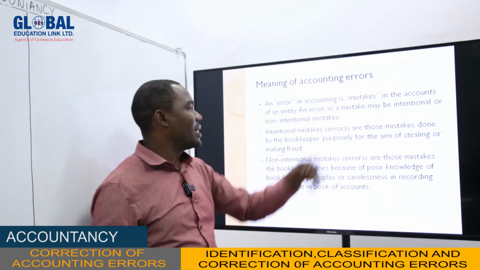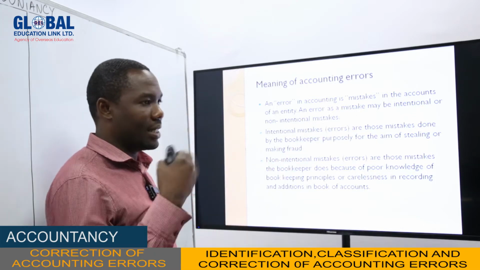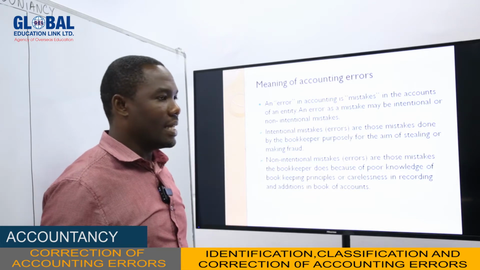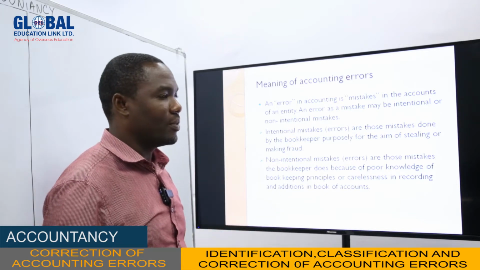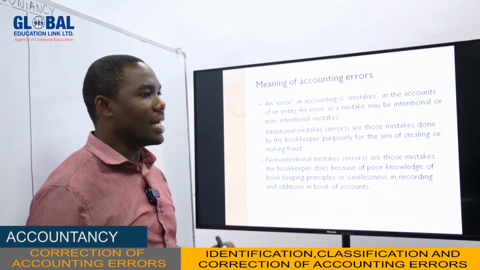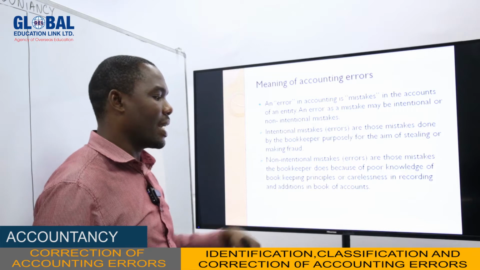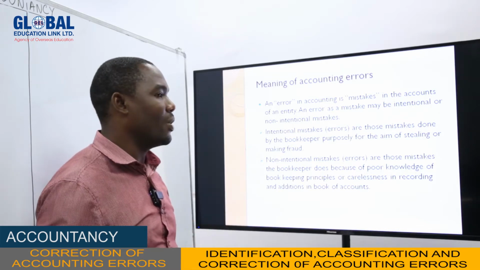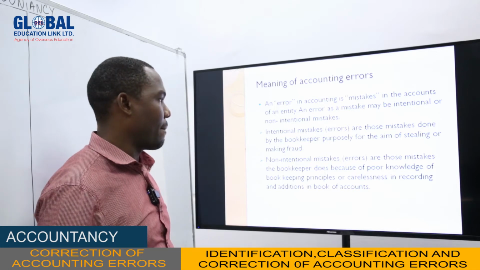An error may be intentional or non-intentional. It is a normal and usual practice in daily activities that an accountant may make an error in recording transactions, and it may be either intentional or non-intentional.